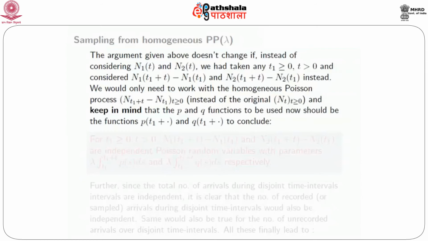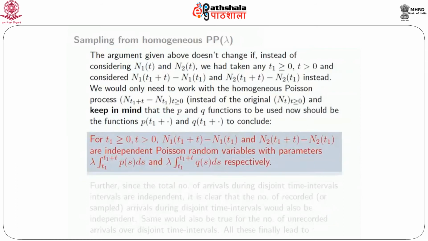Do this and you can conclude that for t1 greater than or equal to 0 and t positive, N1(t1 plus t) minus N1(t1) and N2(t1 plus t) minus N2(t1) are independent Poisson random variables with parameters lambda times the integral from t1 to t1 plus t of ps ds and lambda times the integral from t1 to t1 plus t of qs ds respectively.